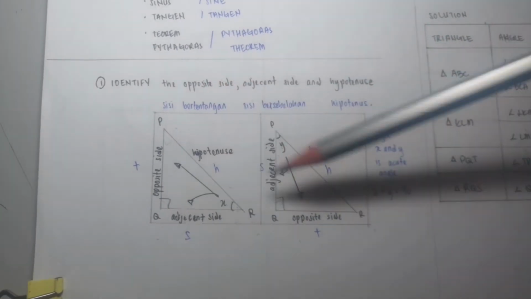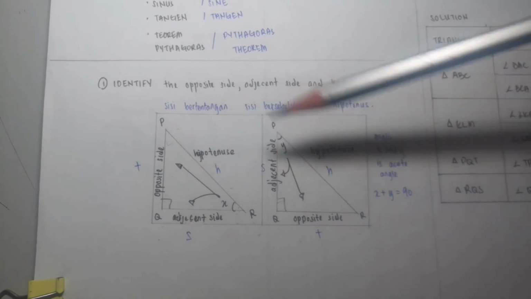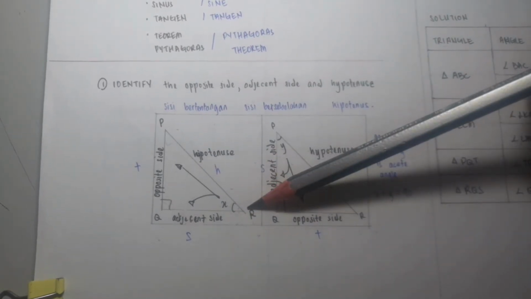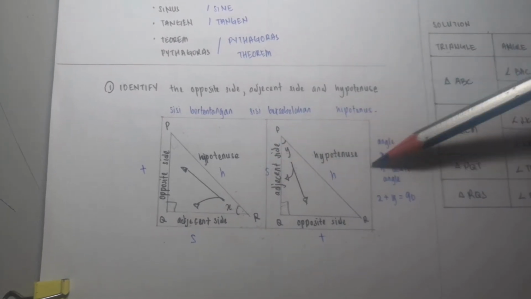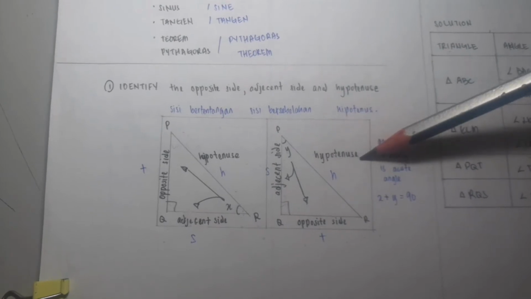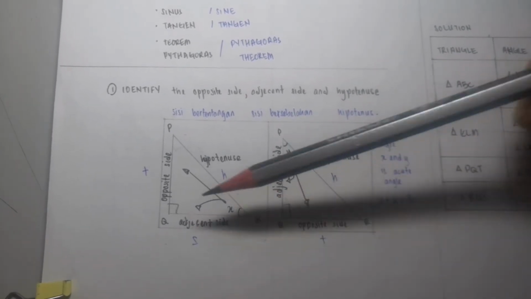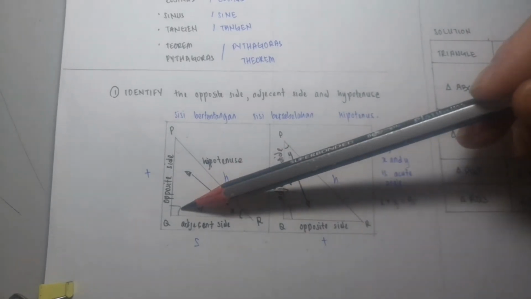There are two different situations when the angle is at a different place, but no matter where the angle is, the hypotenuse never changes its place. The hypotenuse is always opposite the right angle, the 90 degrees.